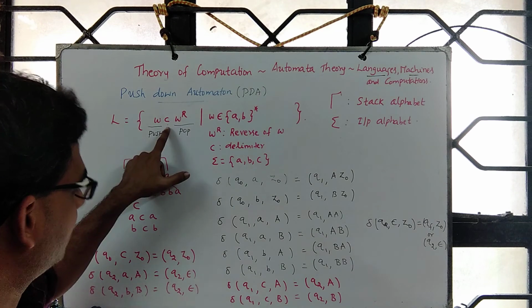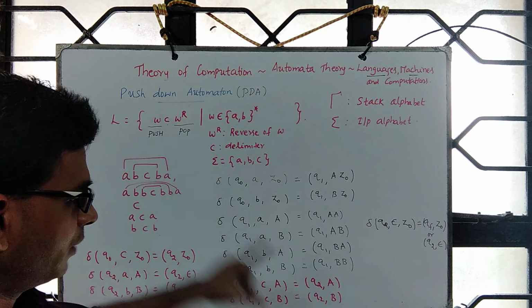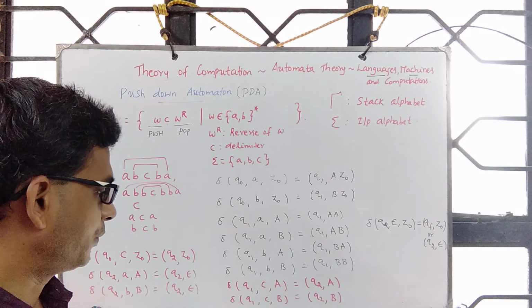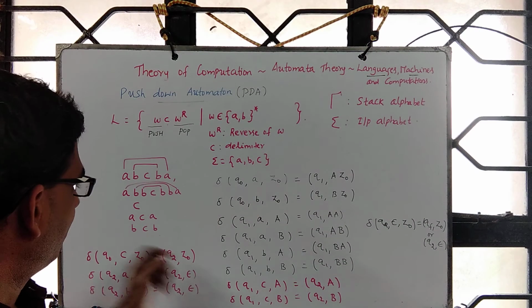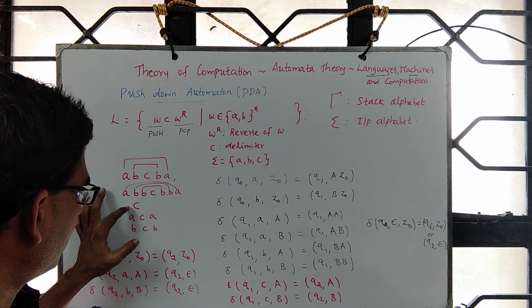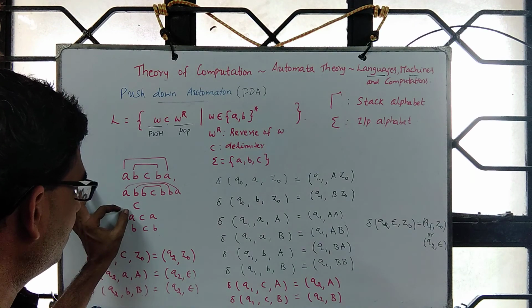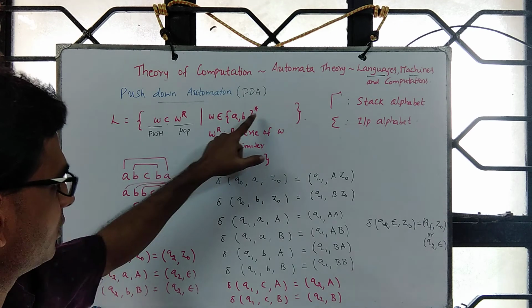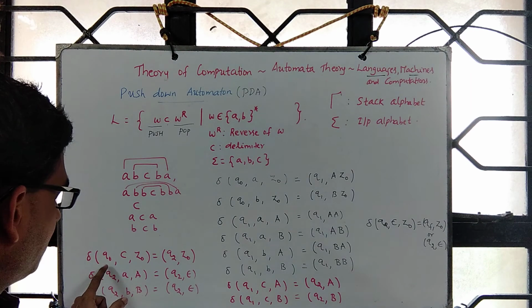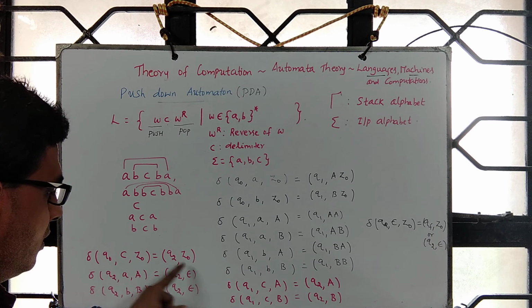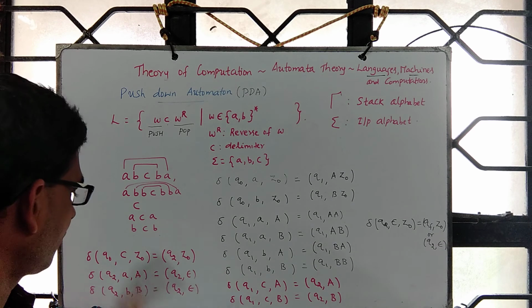When we see the C, we do not change the stack, we simply go to other state Q2. We may also come across an input where W is empty because W belongs to this. So which is why at the start itself you may read C, Z0, go to this.